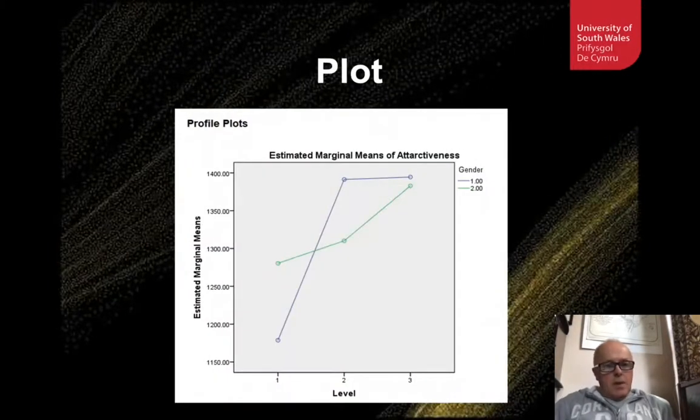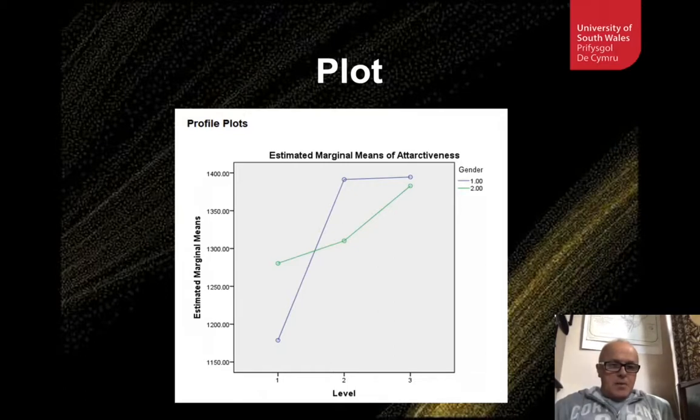And if we look at our plot, we've got along the bottom the level of attractiveness for the faces 1, 2 and 3, and the males represented by the blue line and the females by the green line. So you can see for the male response times, for example, they're responding quicker to the unattractive faces, and then it kind of plateaus for the attractiveness levels 2 and 3.